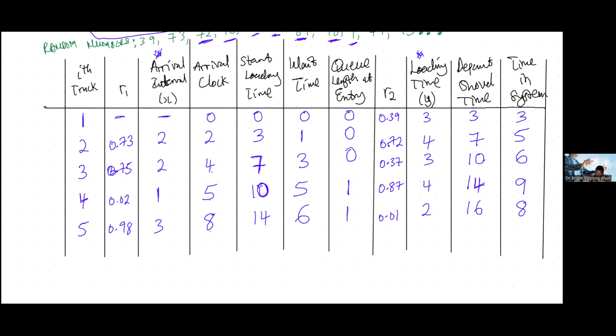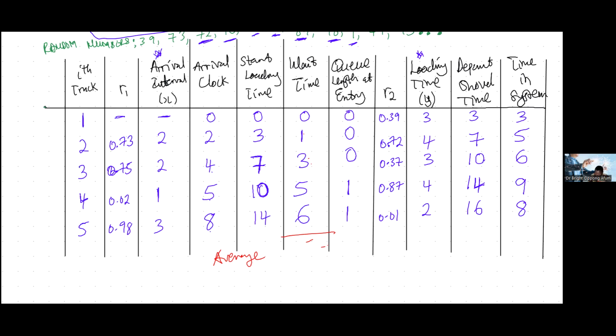The average waiting time will just be the total waiting time in the system, which is 1, 3, 5, 6, which is 15, divided by 5 trucks.